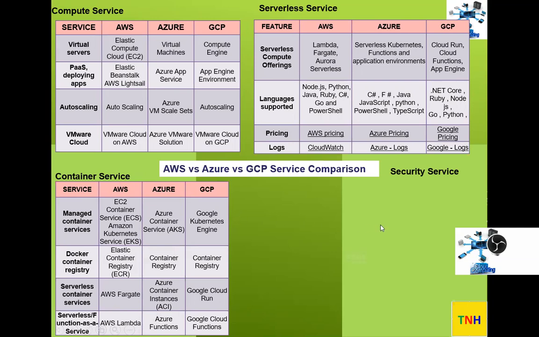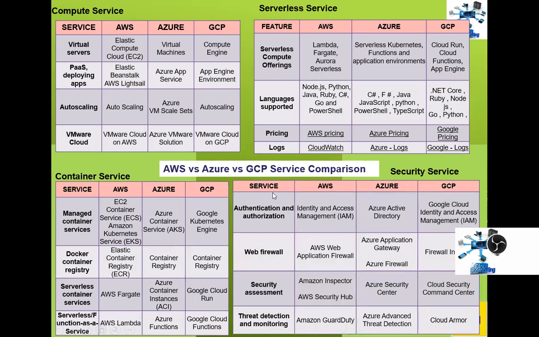Anyway, next one is security service. Under security, you can see authentication and authorization, web firewall, security assessment, threat detection and monitoring. For AWS, the first one is IAM, Identity Access Management, for authentication. Azure says Active Directory.